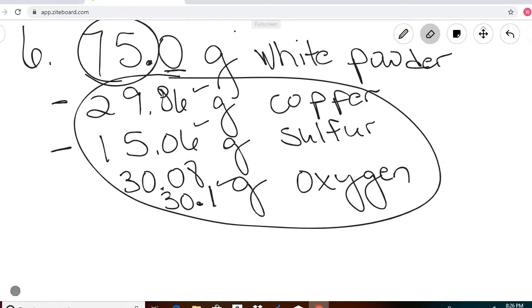Okay, then part B says, suppose you want to make 11.2 grams of white powder. How much copper, sulfur, and oxygen would you need? You can think of this in terms of when you bake or cook something.